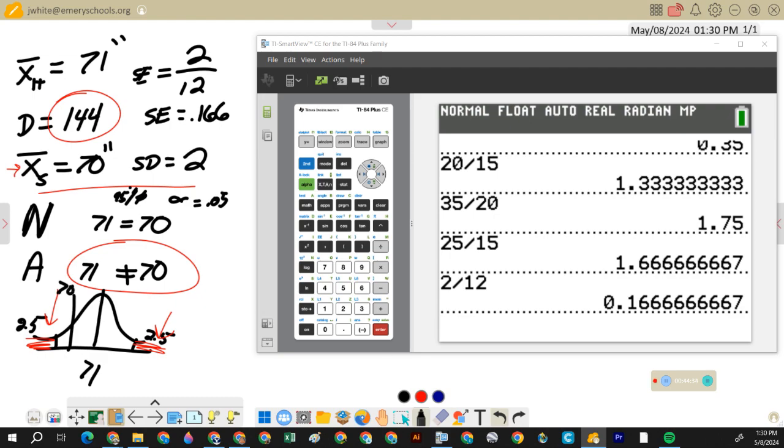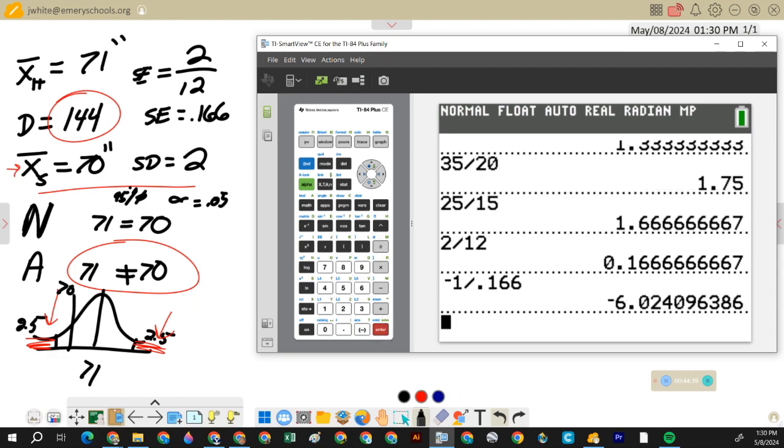So 70 minus 71 is negative 1, divided by 0.166. So I need to shade norm from negative infinity to negative 6. Am I going to land in the 2.5 window on the left side? Yes. How much area is to the left of -6? None. None at all. Okay.